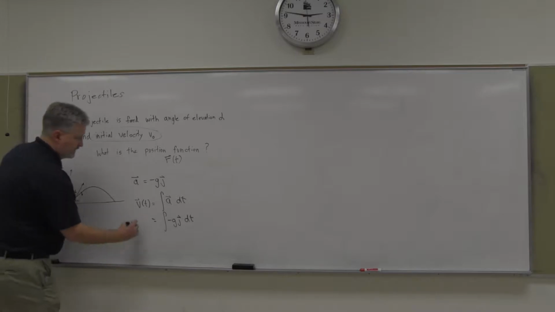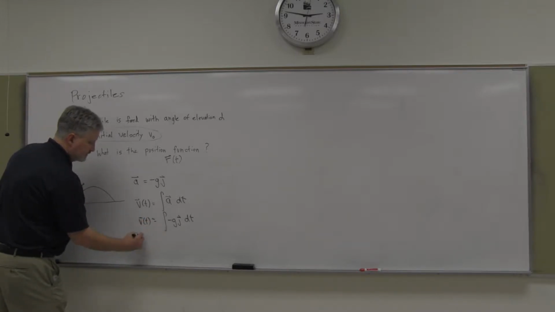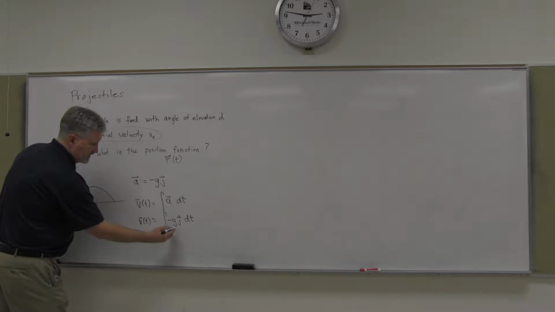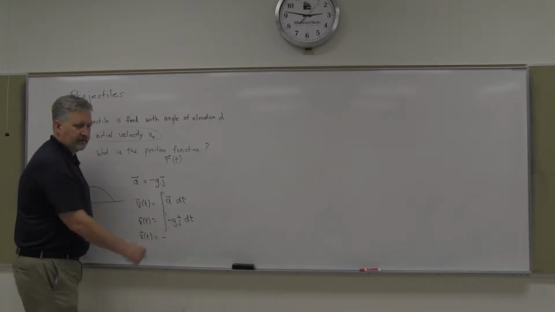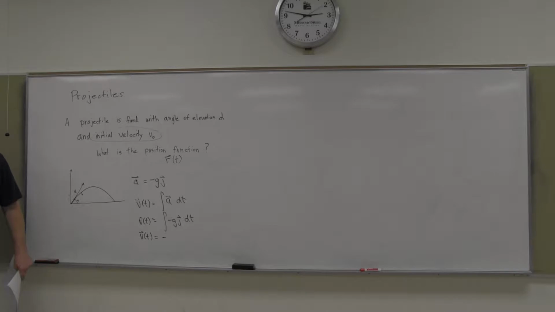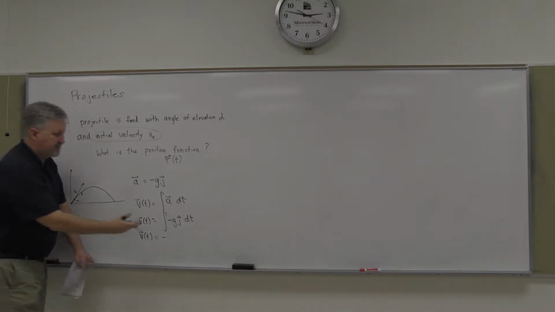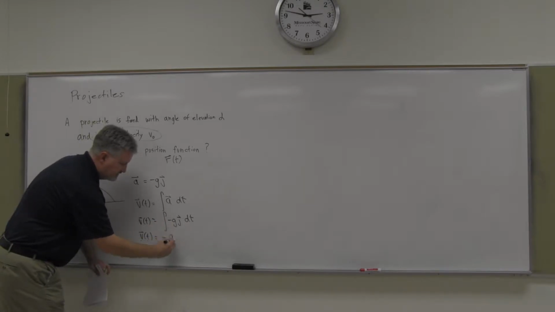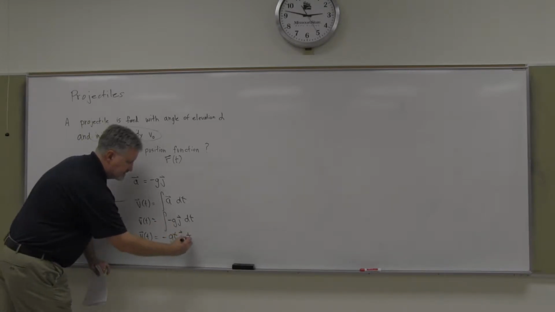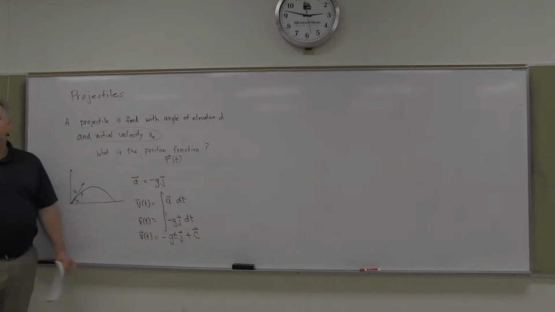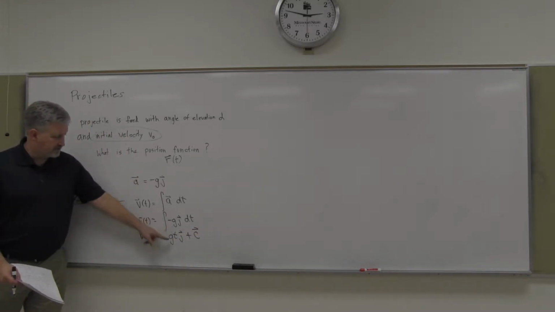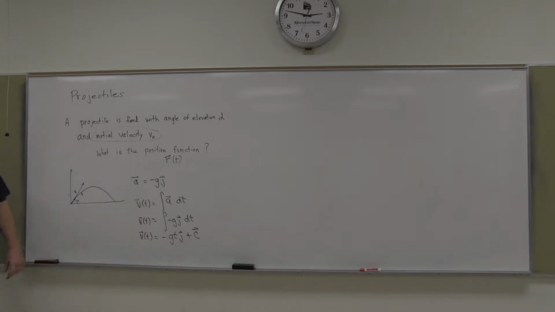That's a fairly simple integral. Negative g is just a number; we use 9.8 meters per second squared for it. So the antiderivative is negative g t times j plus some constant vector c.